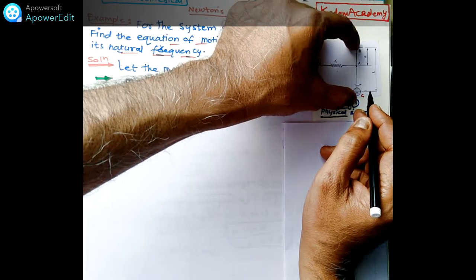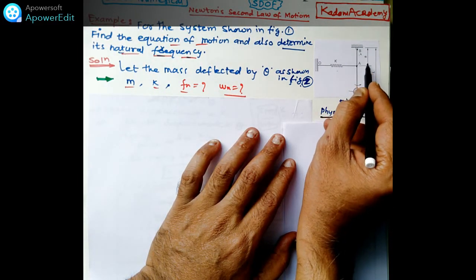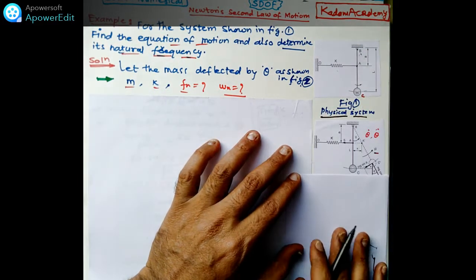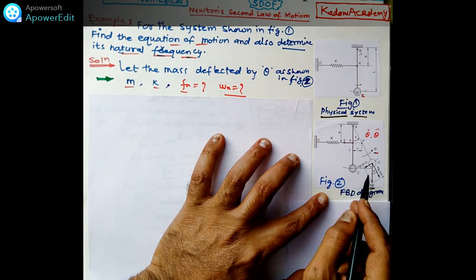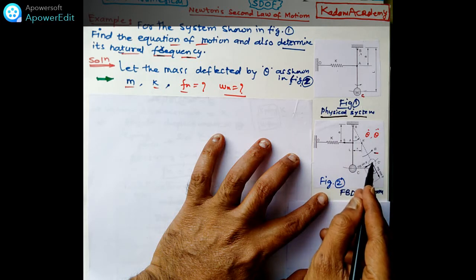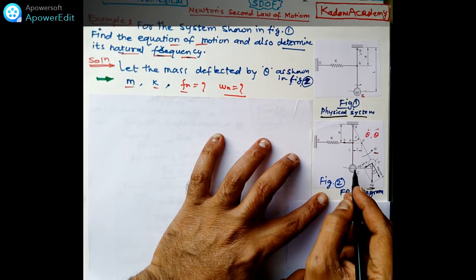Let the simple pendulum be deflected by an angle theta. See in this diagram, which is the FBD, the dotted line represents the deflected position of the simple pendulum from the static mean position.